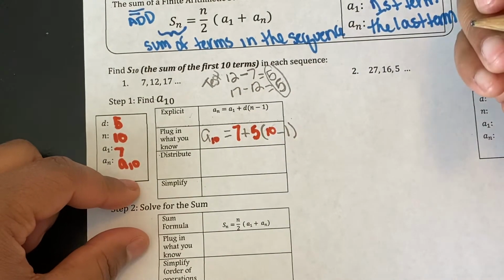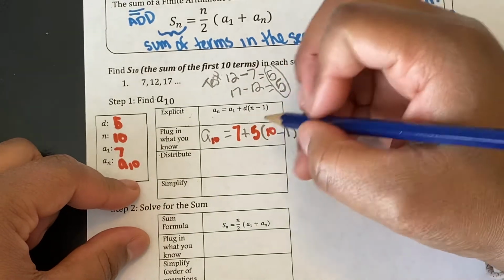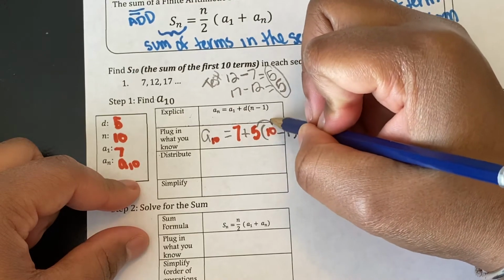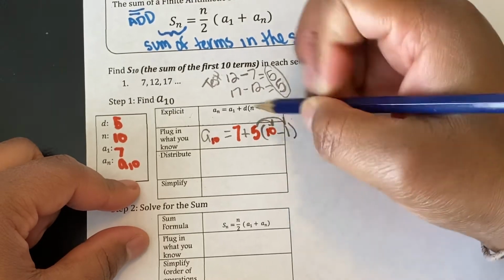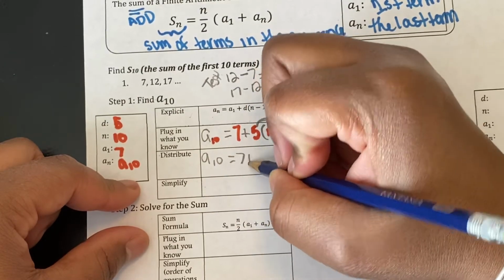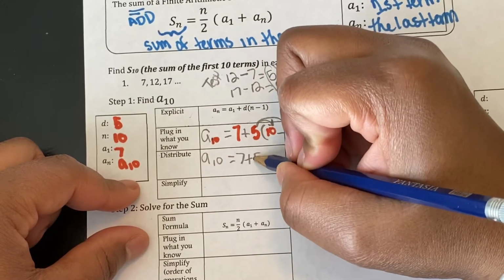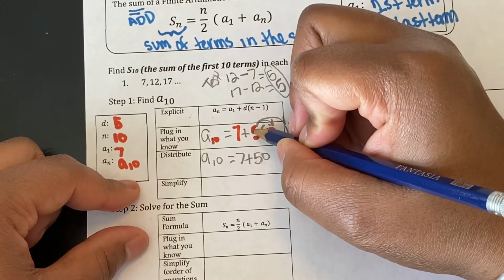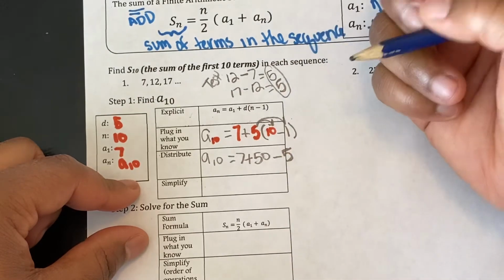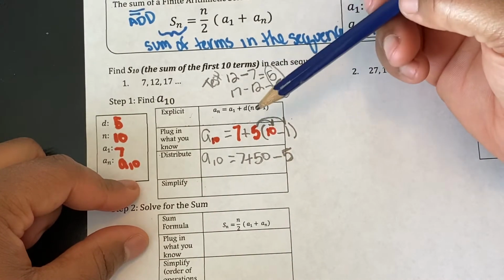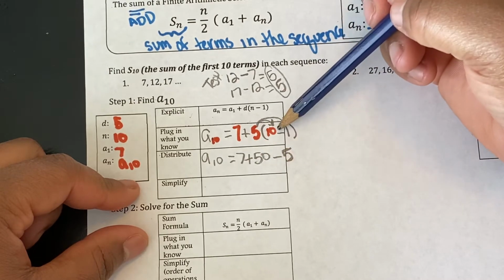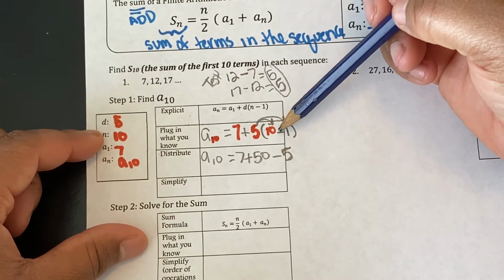Now I can distribute and simplify. I'm going to distribute this 5 to this 10 and to this -1, which gives me A sub 10 equals 7 plus 5 times 10, which is 50, and then 5 times -1 is -5. I no longer need my n, guys, because I know n is 10. Before, we did not know what n was.